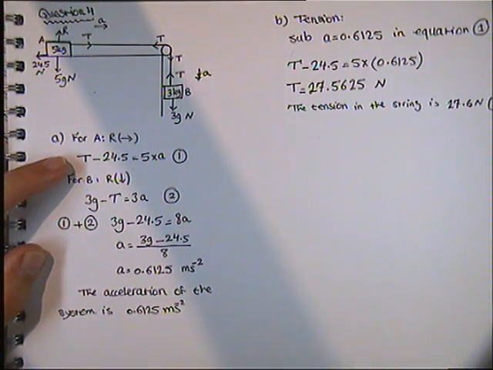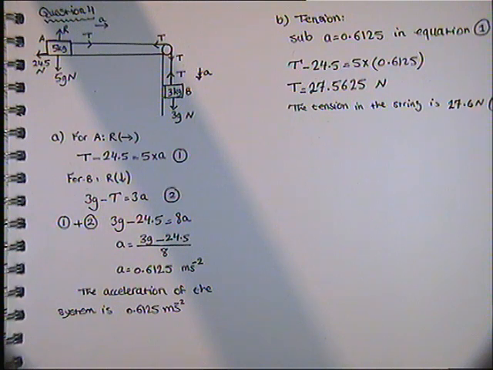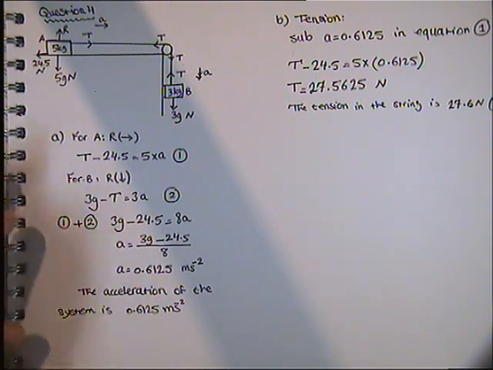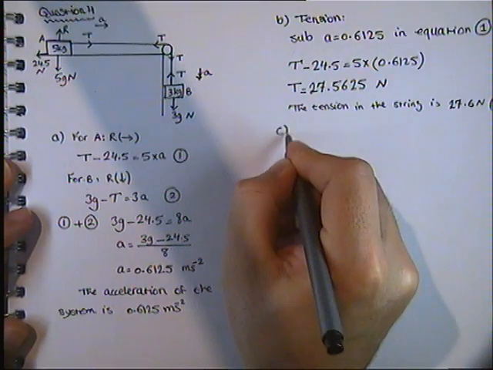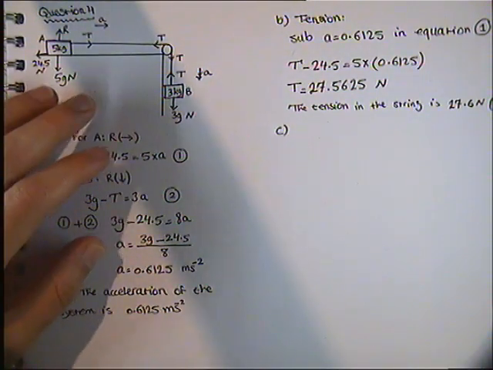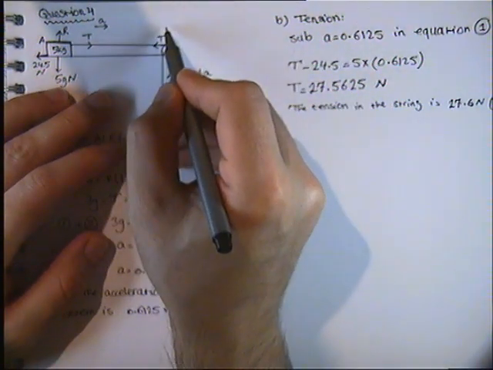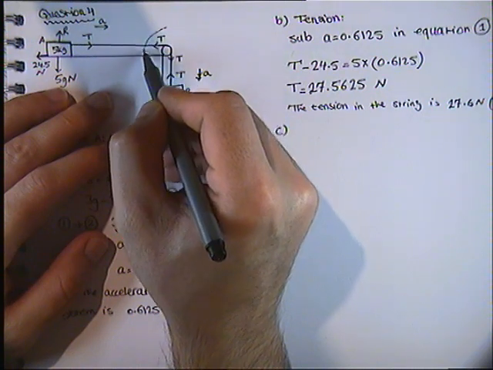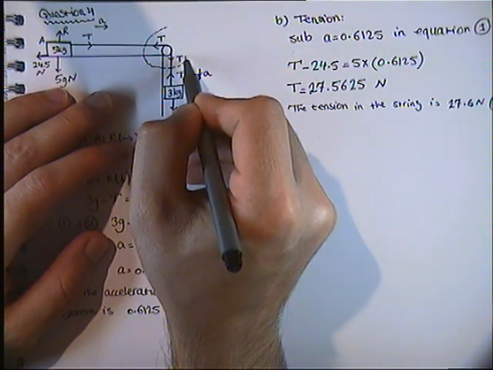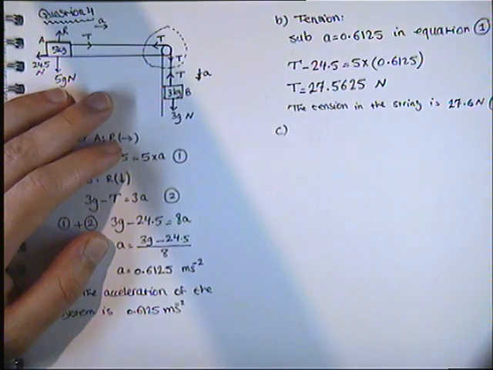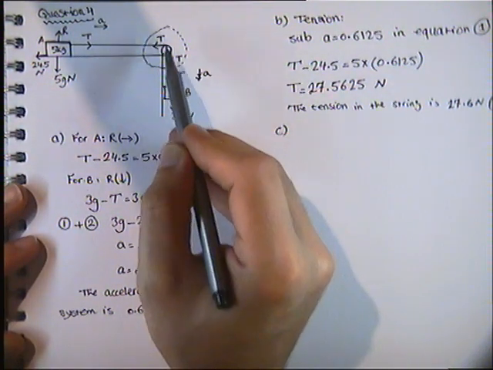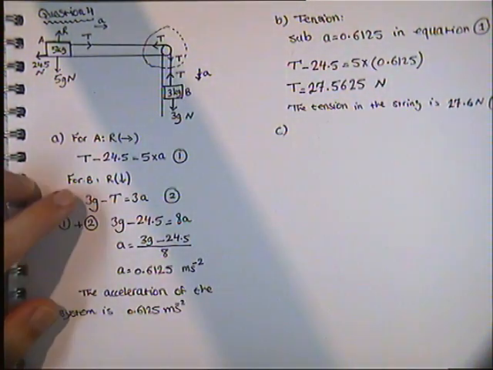Okay, the next part, which is quite easy and straightforward, asks for the magnitude of the force exerted on the pulley by the string. First of all, we should see which forces are acting on the pulley. There are only two forces acting on the pulley, this T and this one.